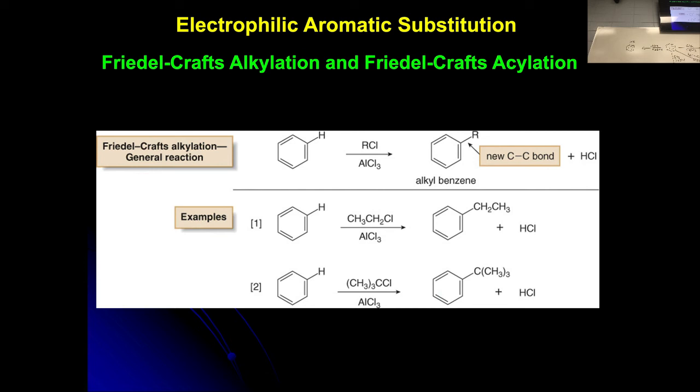So, let's think about this. If Colton came into the lab and he took chloromethane, we know that there's electron pairs around the chlorine, and he throws it in with aluminum trichloride. What's going to happen? Do you think aluminum trichloride is a Lewis acid or a Lewis base? Lewis acid.